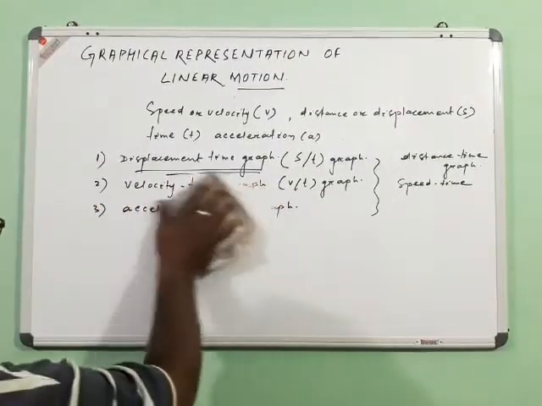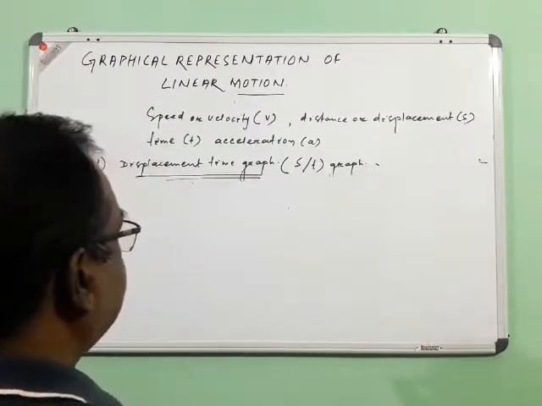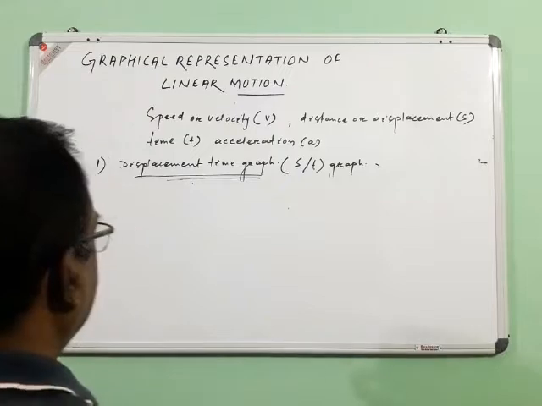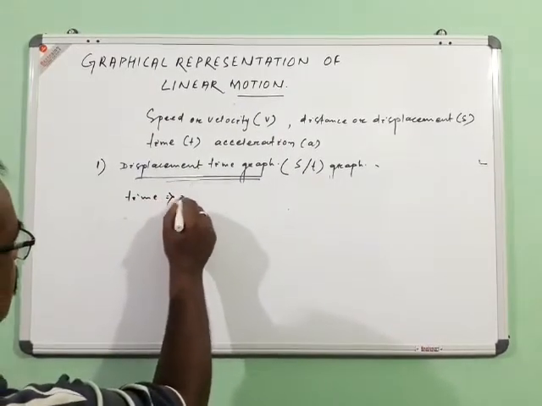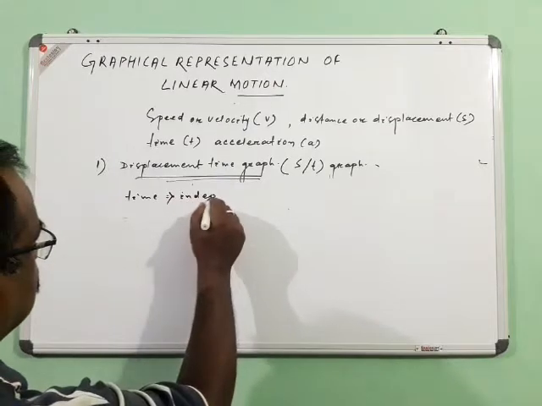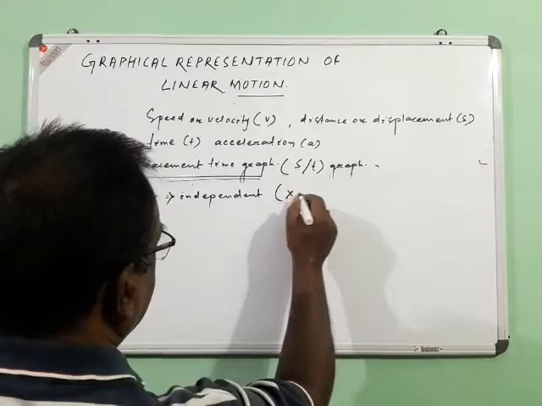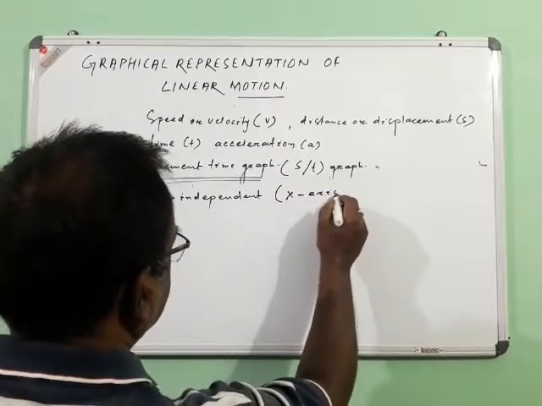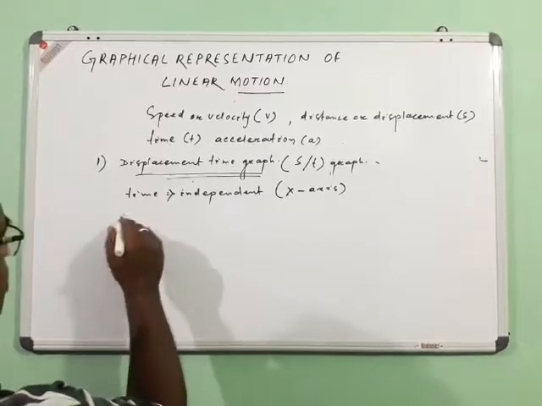So first one, that is the displacement time graph, or otherwise distance time graph. In this case, as I have said, time is the independent variable. So therefore, it has to be represented on the x-axis.